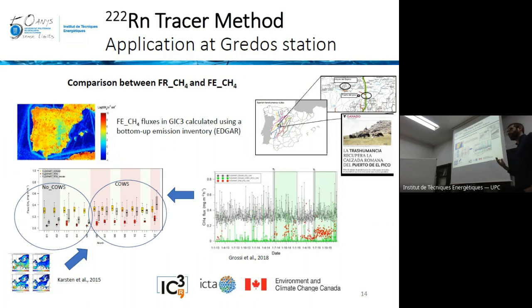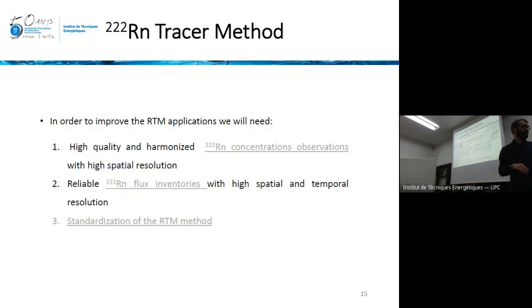And what we could see is that in the months where the cows were present in the area, the model coupled with the observations matched, and in the months where cows were not present in that area, the emissions disappeared. That was just an example of application.